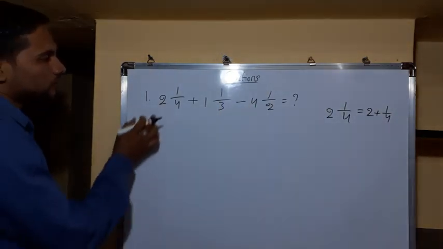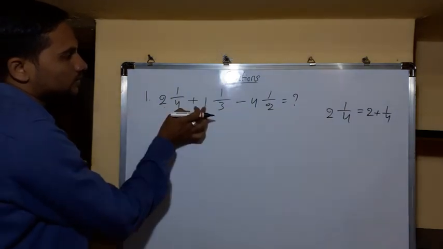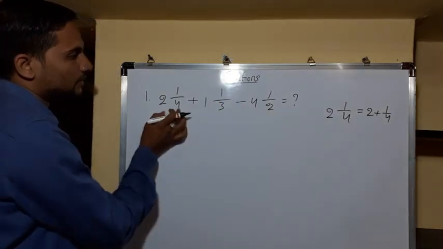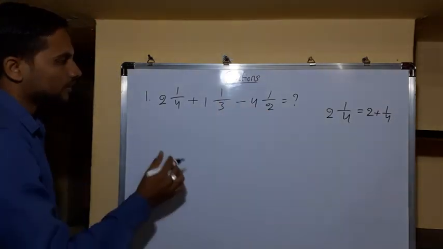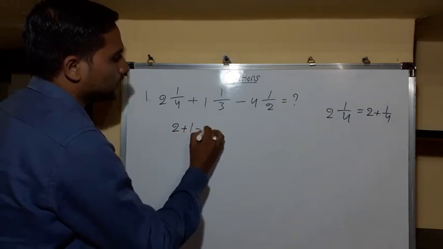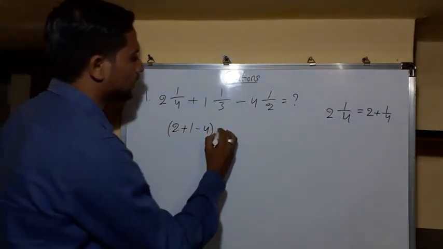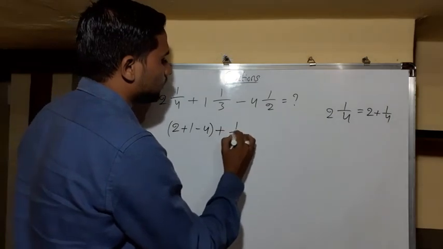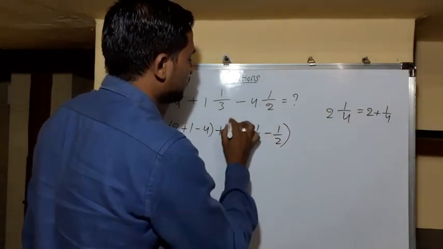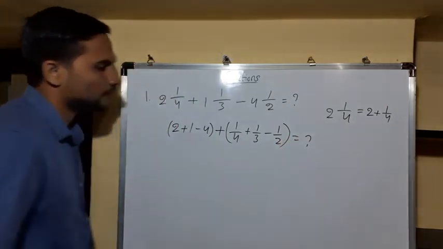So what I will do, I will separate the integer terms 2, 1 and 4 in one bracket and the fractions in another bracket. So write down 2 plus 1 minus 4 plus 1 by 4 plus 1 by 3 minus 1 by 2, right?